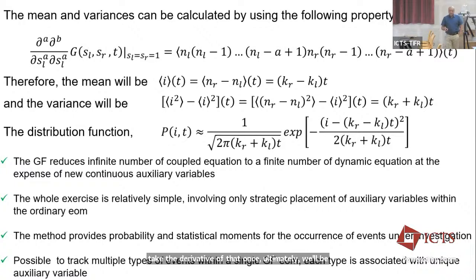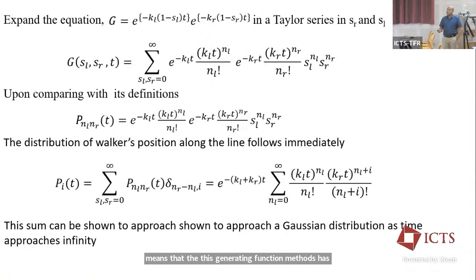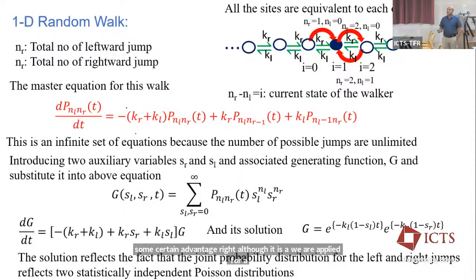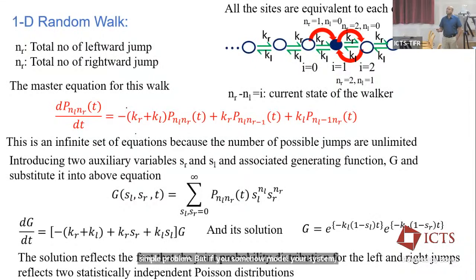It means that this generating function method has certain advantages. Although we have applied it to a simple problem, if you model your system in this way, where this kind of jump process is happening, you can formulate your problem by the master equation and use the generating function method.